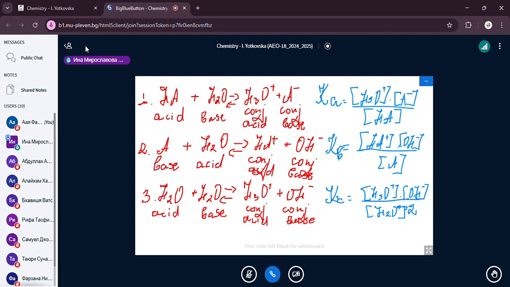The concentration of the water will be raised on the power of 2, because there we have two water molecules interacting with each other.